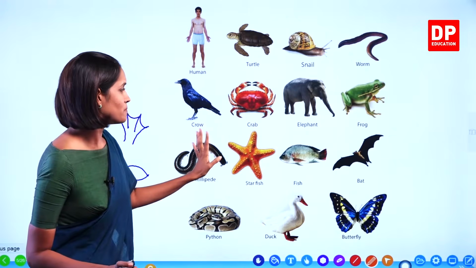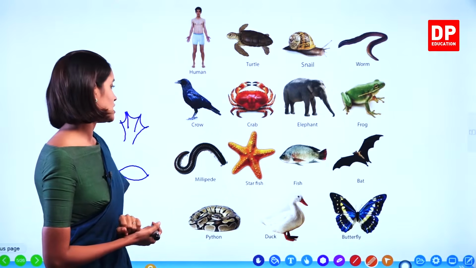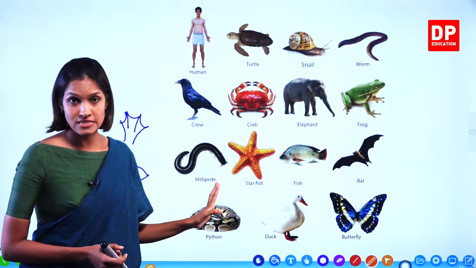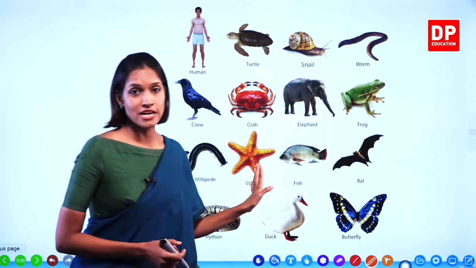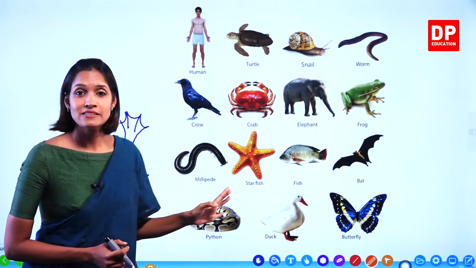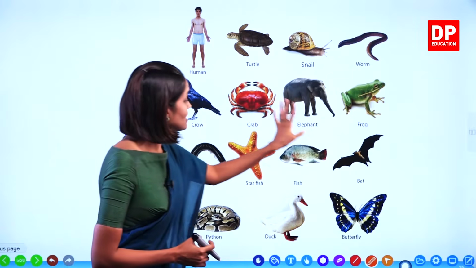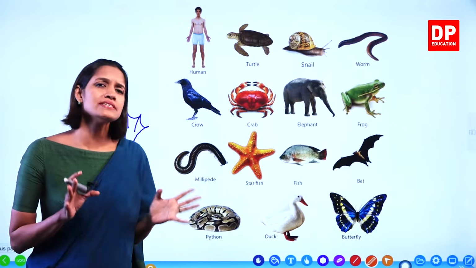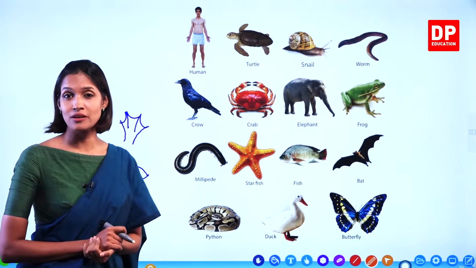Right? For example, look at this one. Crow has a beak, but butterfly and bat don't have beaks. At the same time, butterfly has two antennas, but crow and bat don't have antennas. So even though we can categorize these three animals under the flying group, it's not very scientific. There are so many other differences among them.